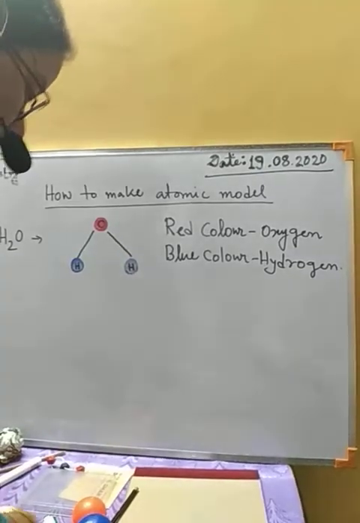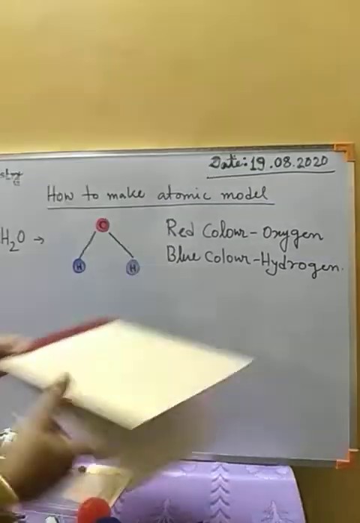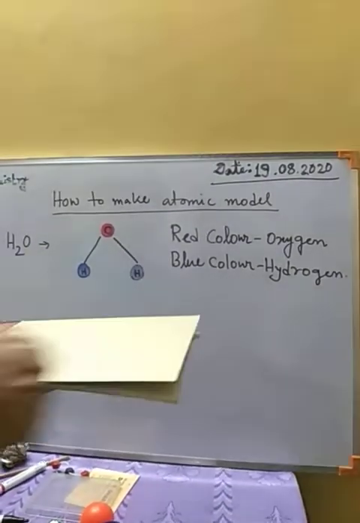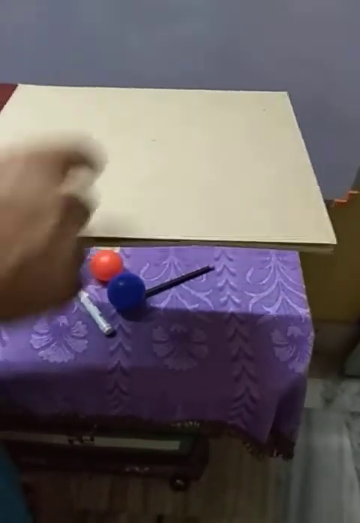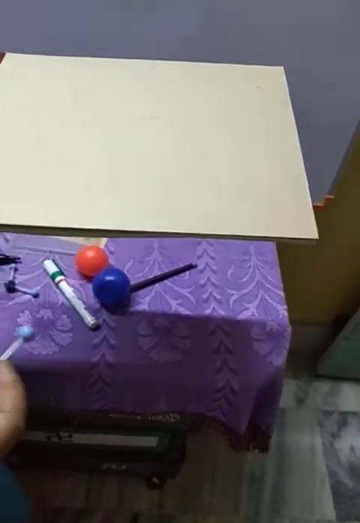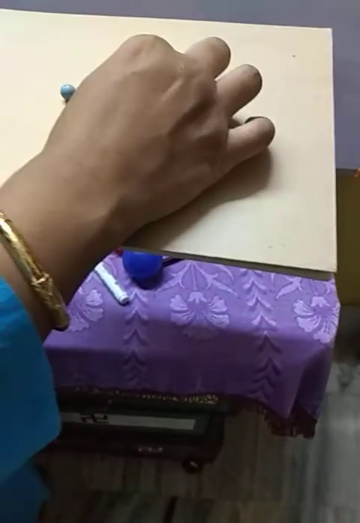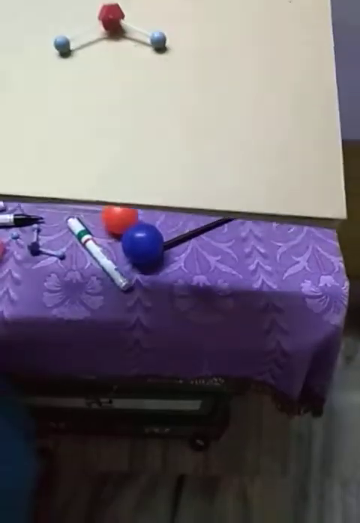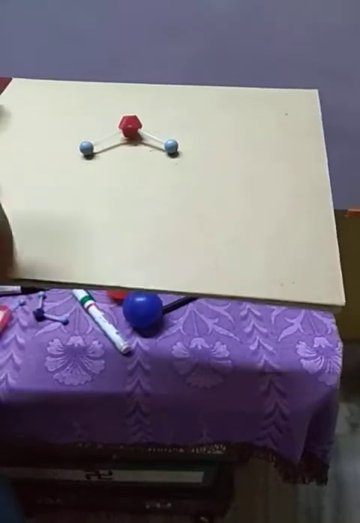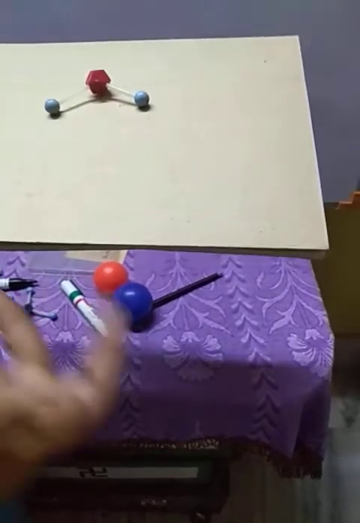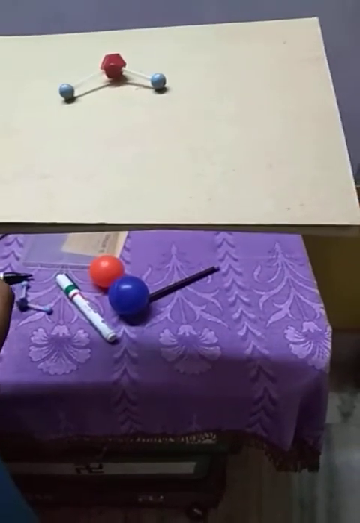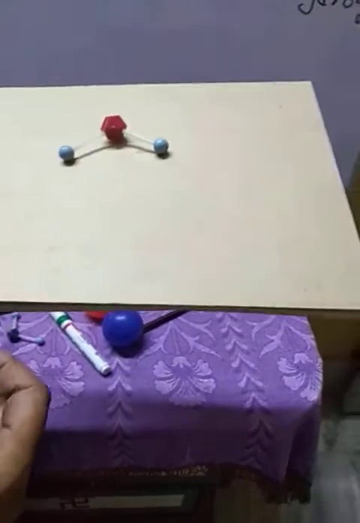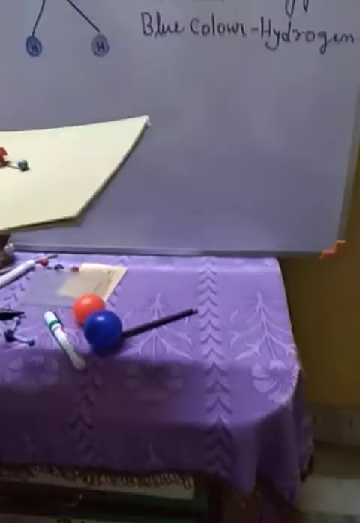After making the model, you are going to take a cardboard paper, a hard paper, and place your model on it. On the heading you write atomic model of water, if you are making the model of water.